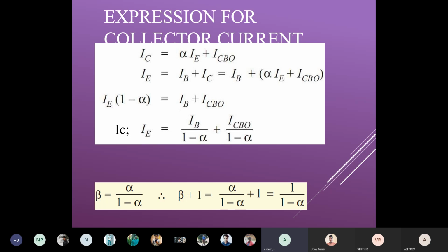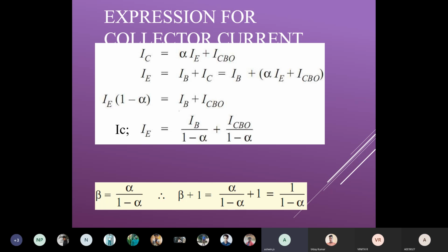So the equation is IC is equal to alpha IE plus ICBO. Okay, and you know the base equation, IE is equal to IB plus IC. That is a common equation. In that I'm going to substitute the value of IC. So in the equation IE is equal to IB plus IC, in place of IC I'm going to substitute alpha IE plus ICBO.